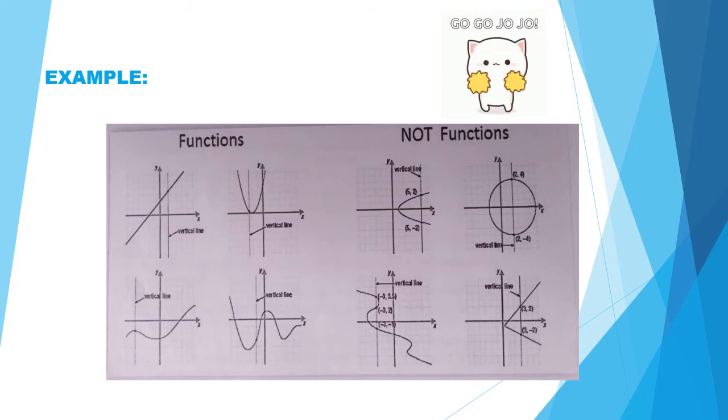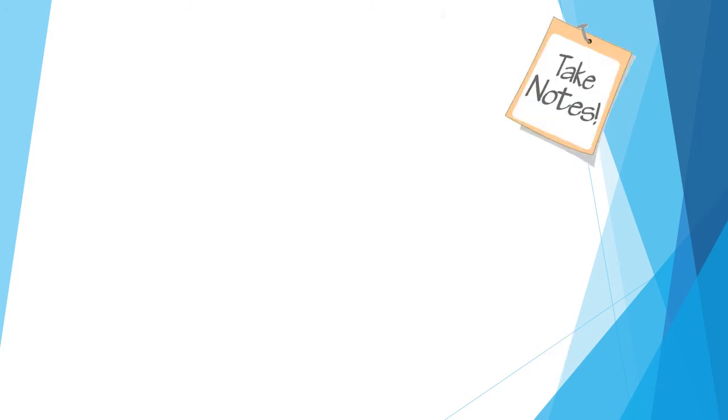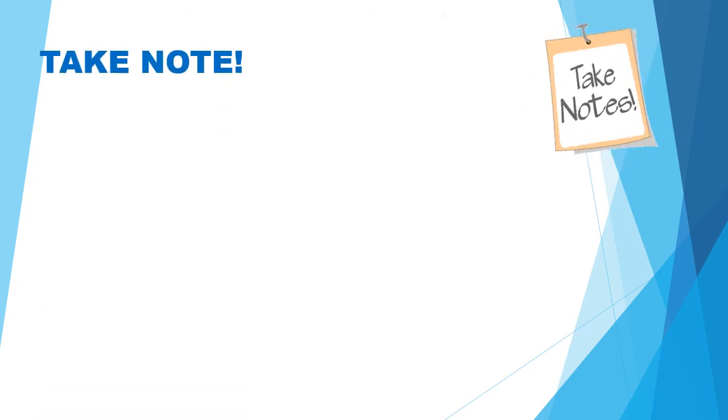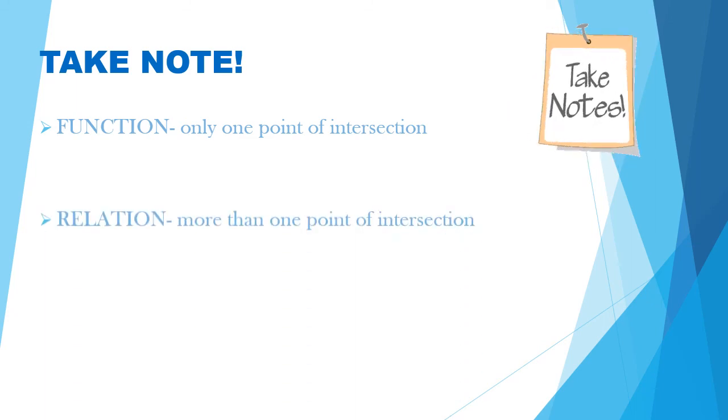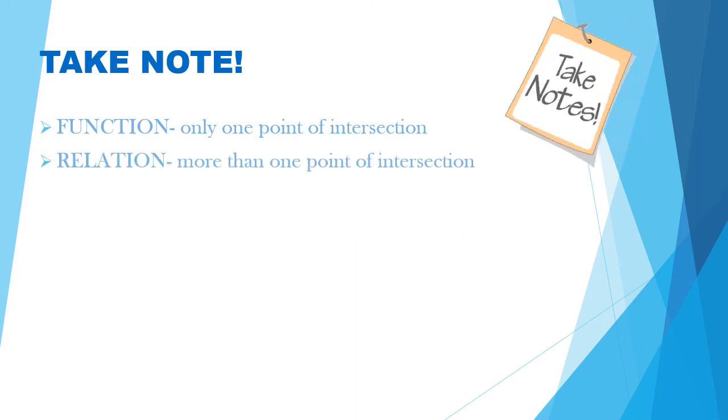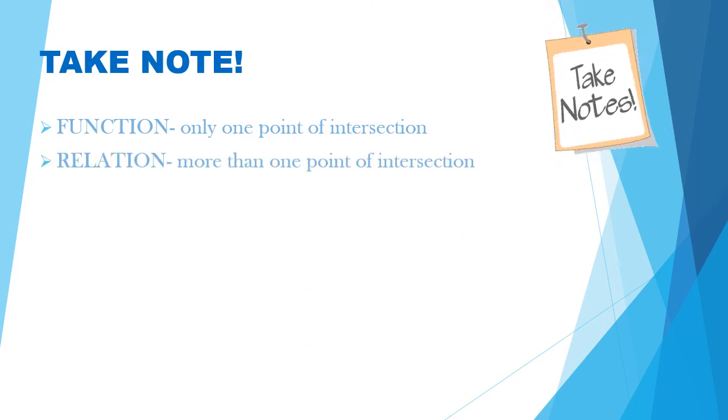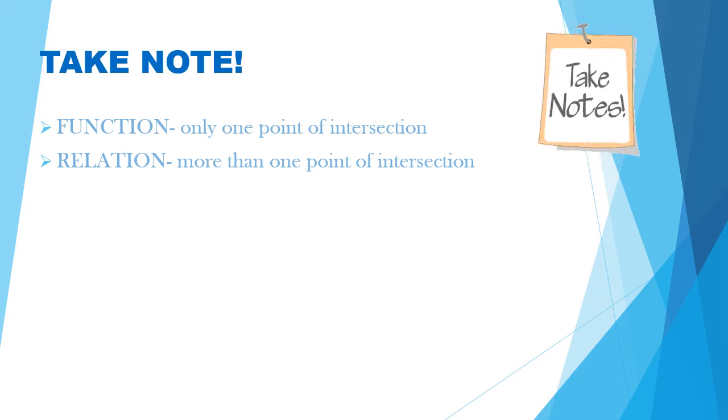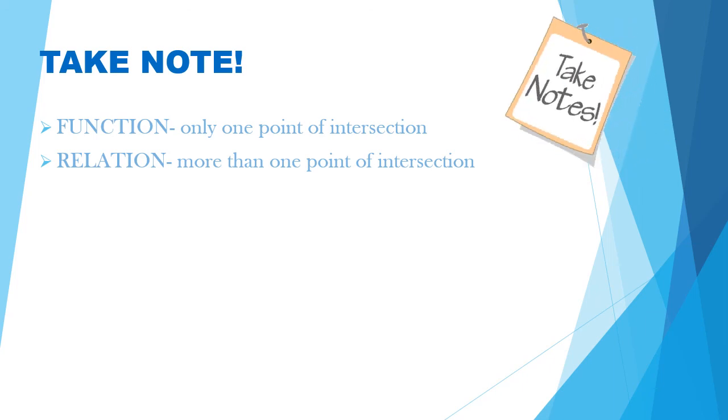Just like this example, if it intersects more than once, like this example, then it is not considered a function. As I said, it is considered a function if there is only one point of intersection, while it is considered a relation if there is more than one point of intersection.